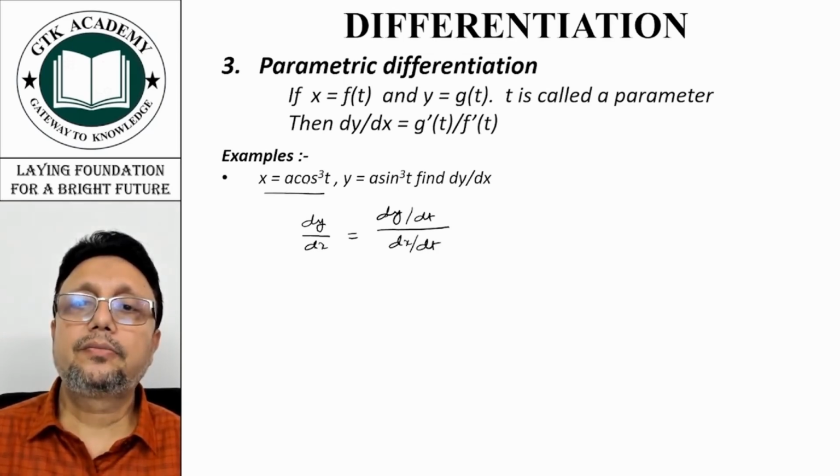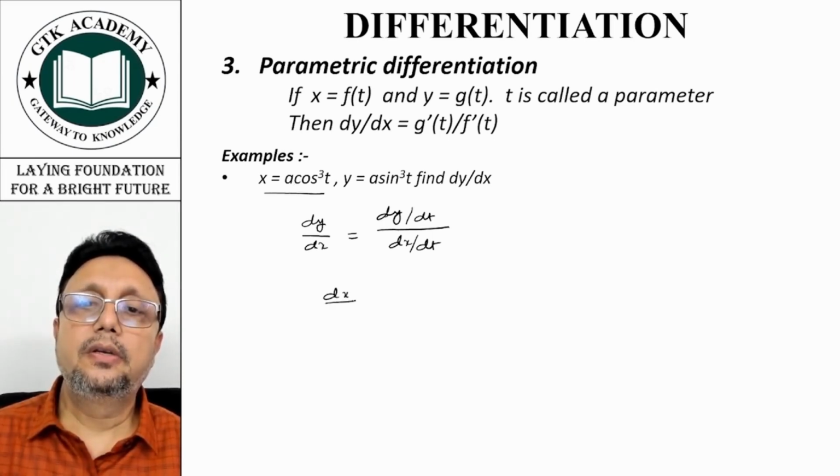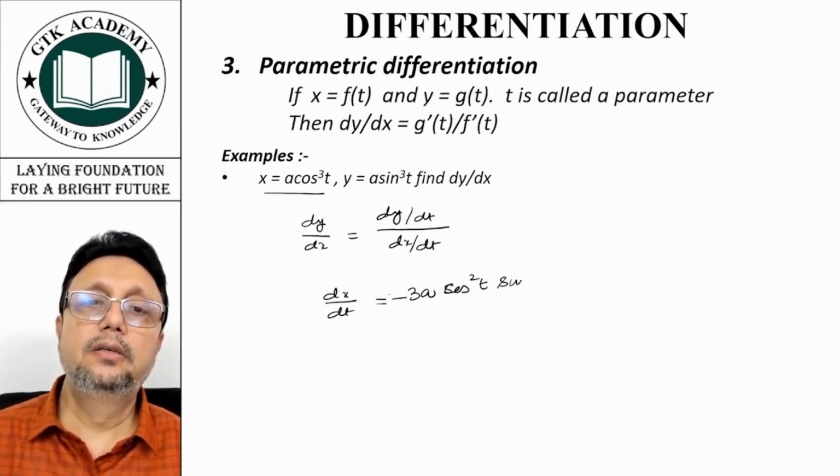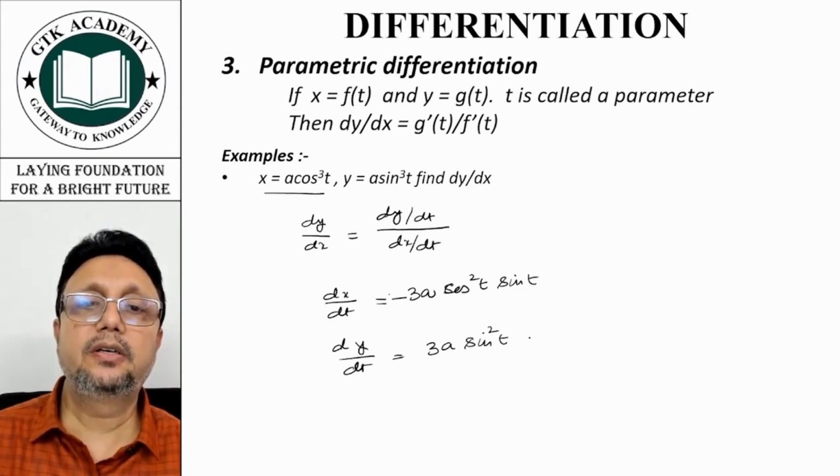Now here dx upon dt is equal to 3a cos square t, and cos t, when we differentiate, it becomes minus sin t, and dy upon dt is equal to 3a sin square t, and then when we differentiate sin, it becomes cos t.